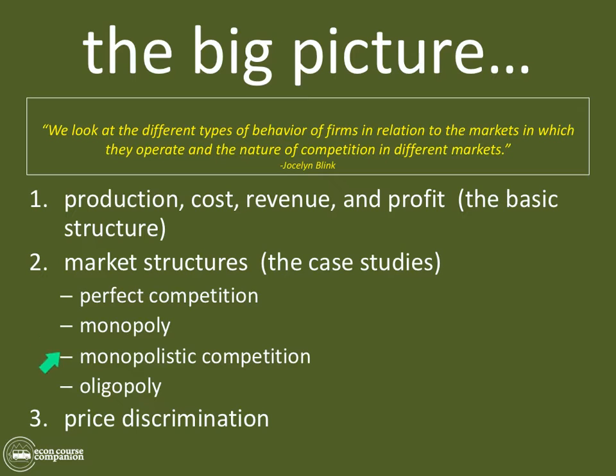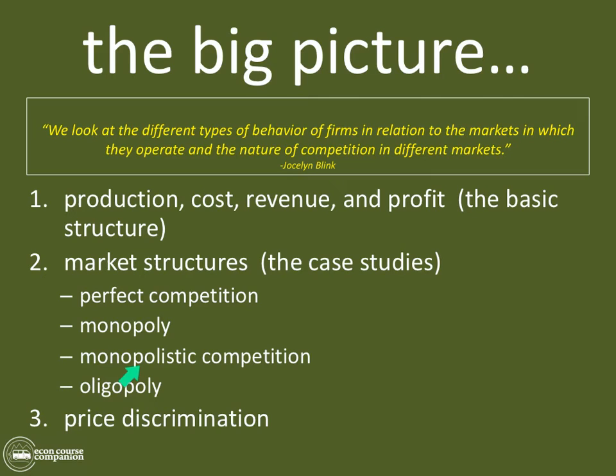Okay? The other two market structures are, first, monopolistic competition. That's basically when you have a unique product, but you operate in a competitive market. So if you come up with a new idea, like you're in a small town, maybe in any country in the world, and they don't have sushi, well, if you open up a sushi restaurant, you have a monopoly. You're the only sushi restaurant, and you could set the price because no one else is selling sushi.